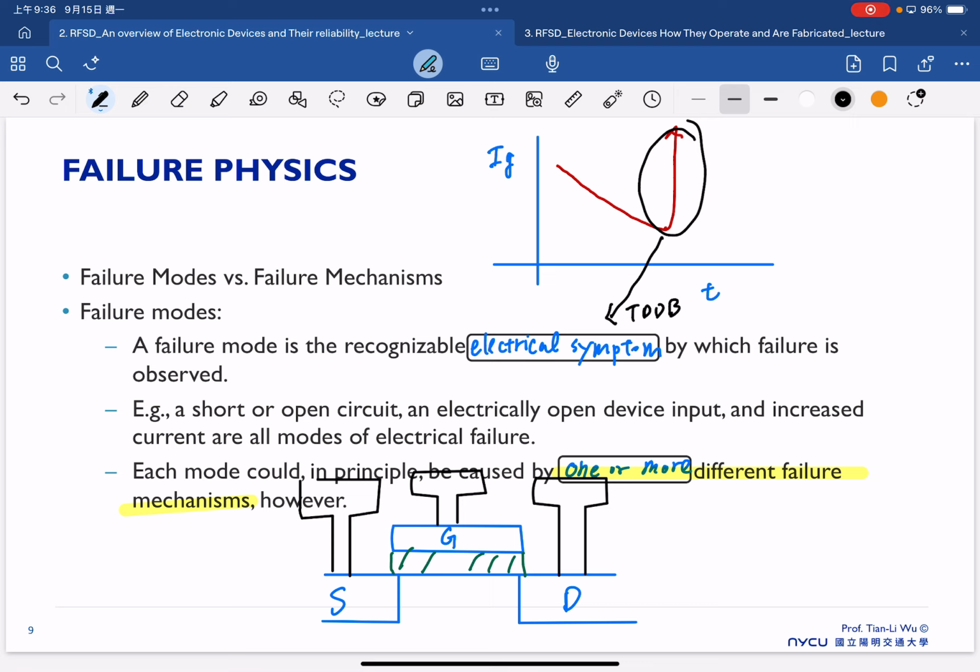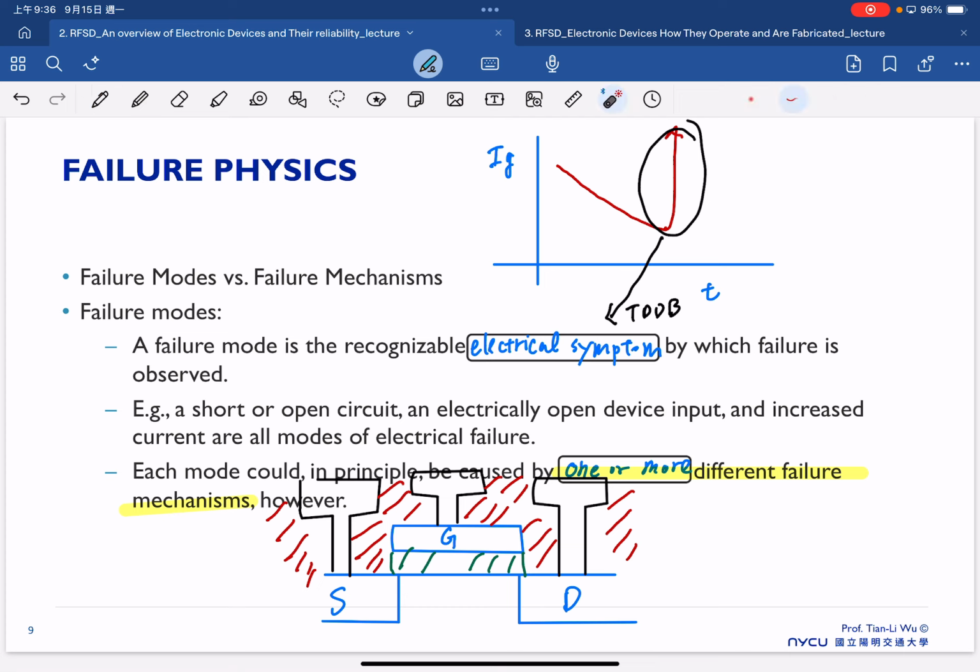Between these interconnection lines, we normally also have a dielectric, which is a passivation layer, to isolate the electrical signal of each interconnection.